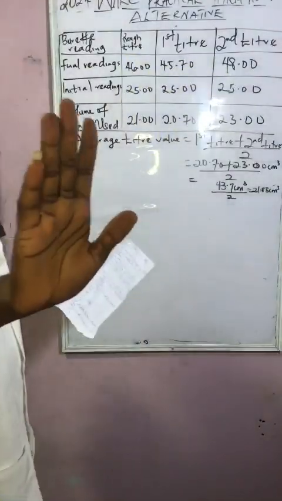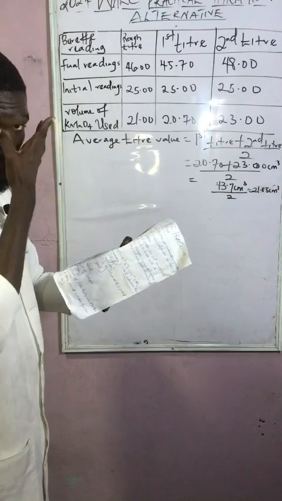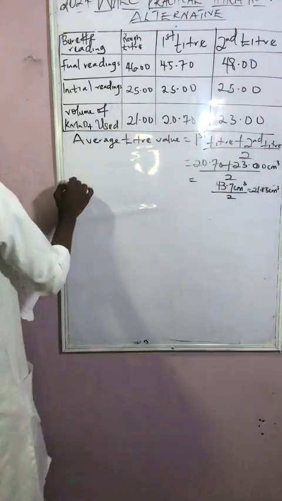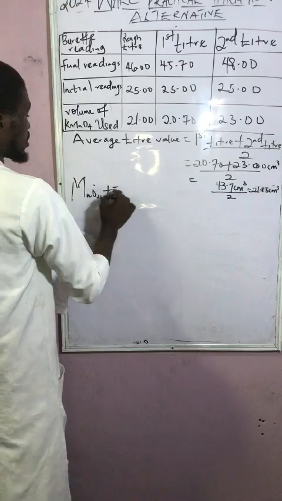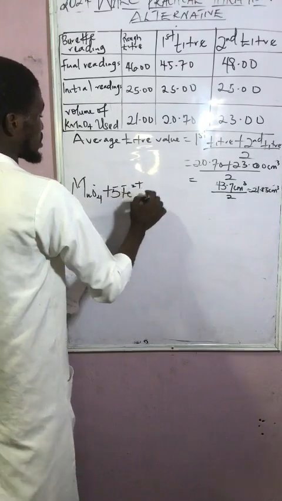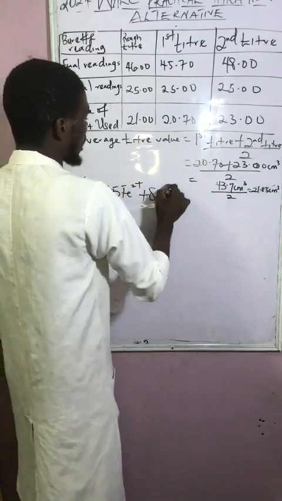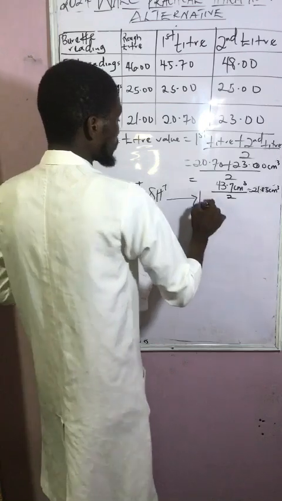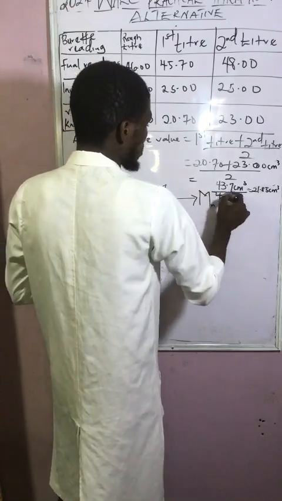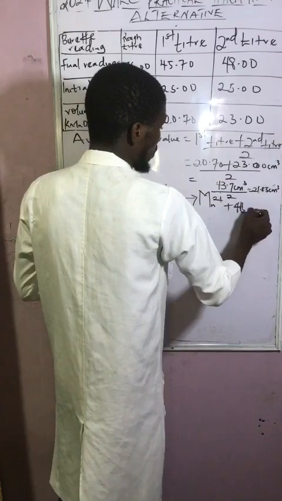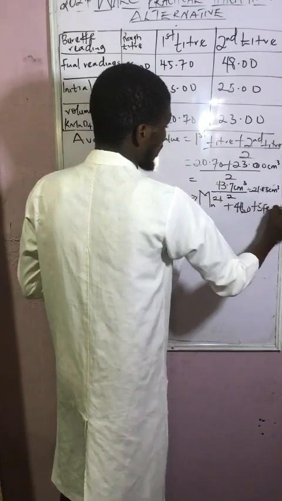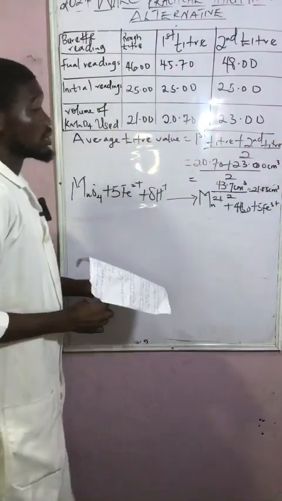So before we go to that, let's take a look at the equation of the reaction. I have MnO4 negative plus 5Fe2 plus 8 hydrogen ion gives Mn2 plus, 4H2O plus 5Fe3 plus.